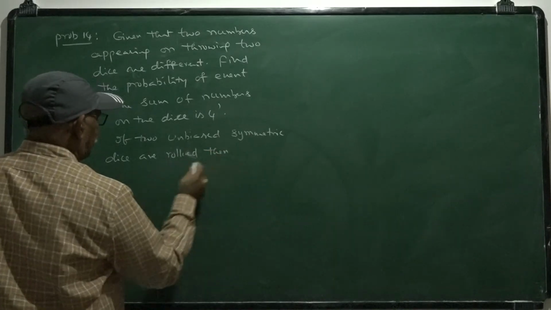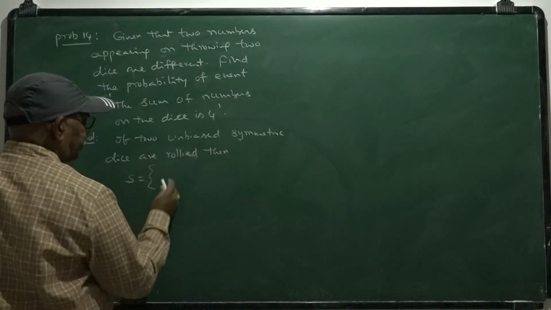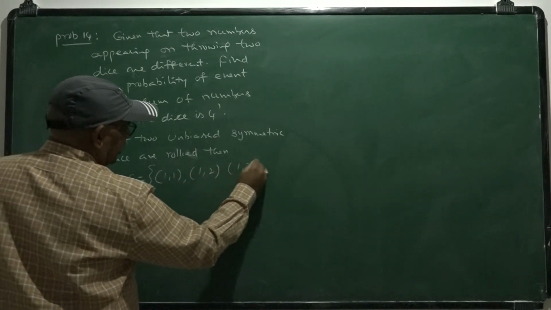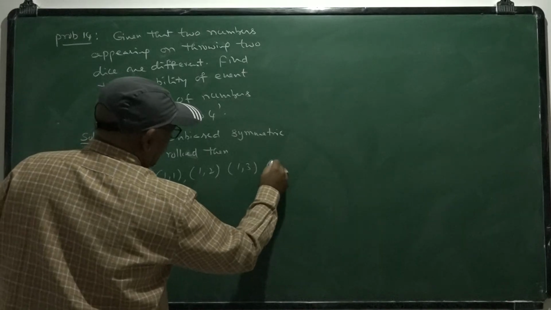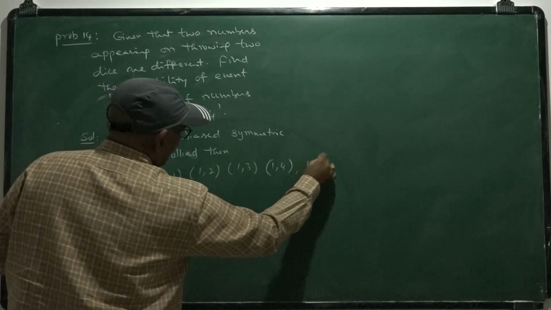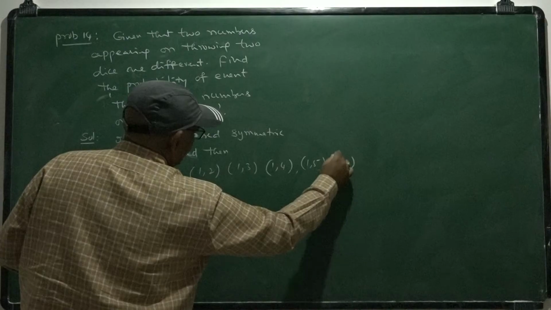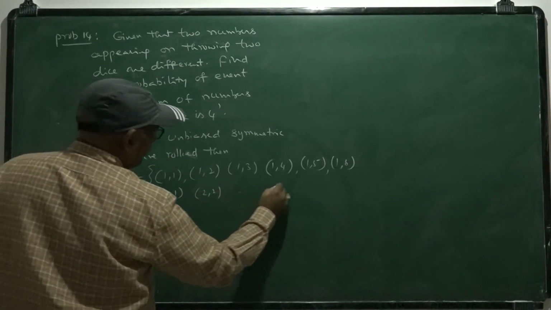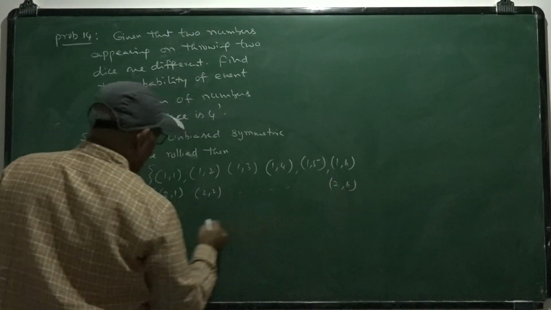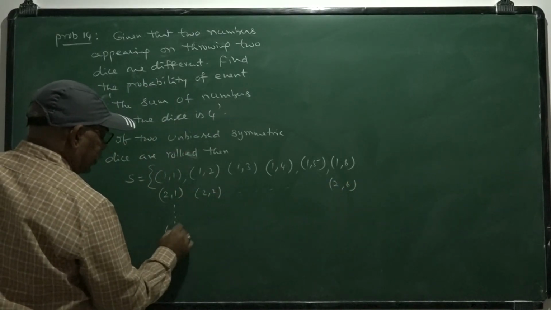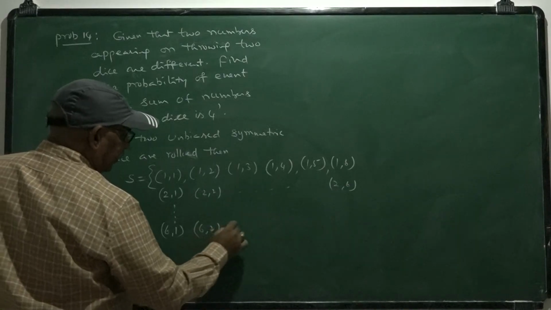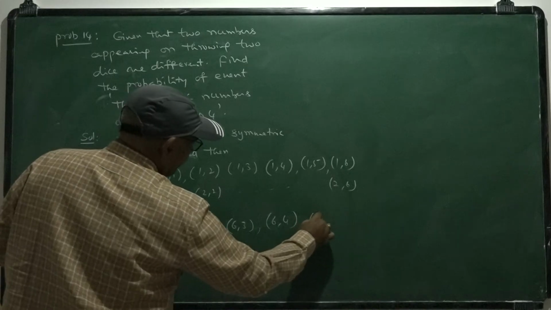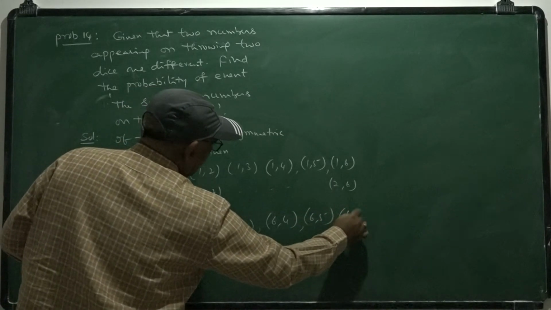Then the total possible outcomes are 1 1, 1 2, 1 3, 1 4, 1 5, 1 6. Similarly 2 1, 2 2, 2 3, and so on up to 2 6, like that, 6 1, 6 2, 6 3, 6 4, 6 5, 6 6. These are the total possible outcomes.